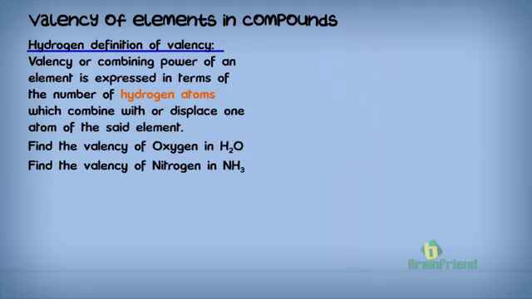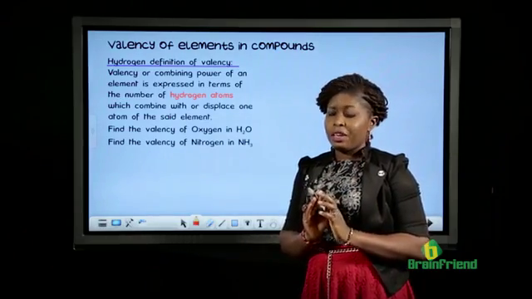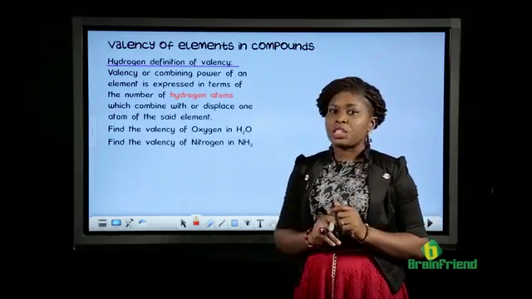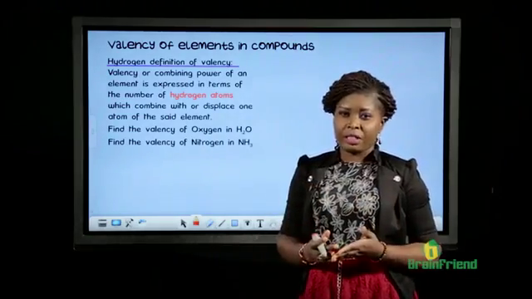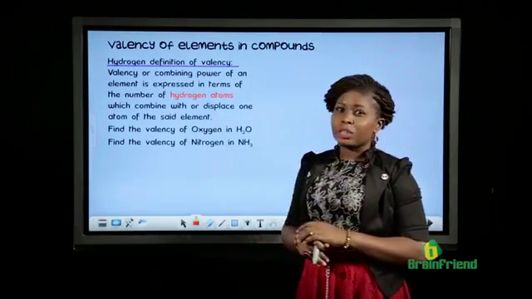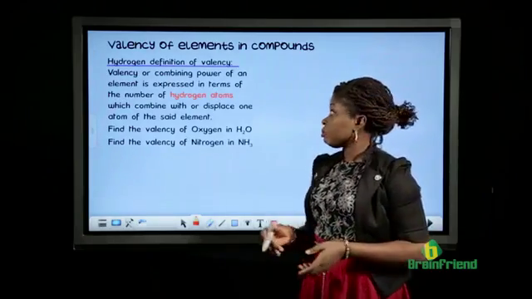Now, there is a way we determine the valency of elements in compounds, and three important elements come into play here: hydrogen, chlorine, and oxygen. We are going to be defining valency based on these three elements, and we'll see how we can derive the valency of the elements they are combined with.